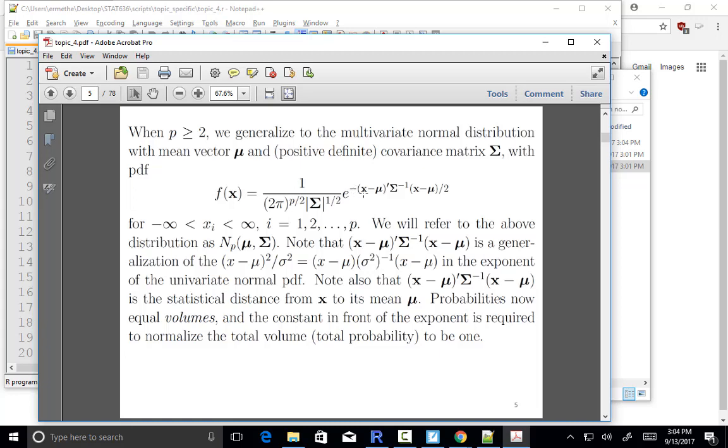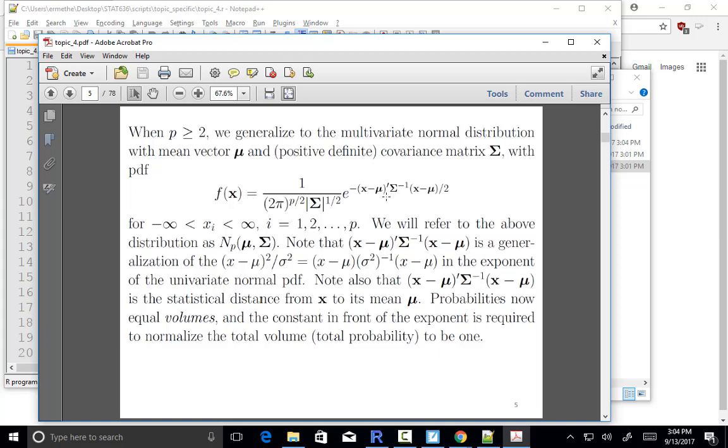So e to the minus a statistical distance divided by 2. So f of x, whenever x is, quote, far away from mu, that is going to translate to a statistical distance between x and mu that's big, positive. So for an x value that's far away from mu, this e to the minus the distance will tend to be small.